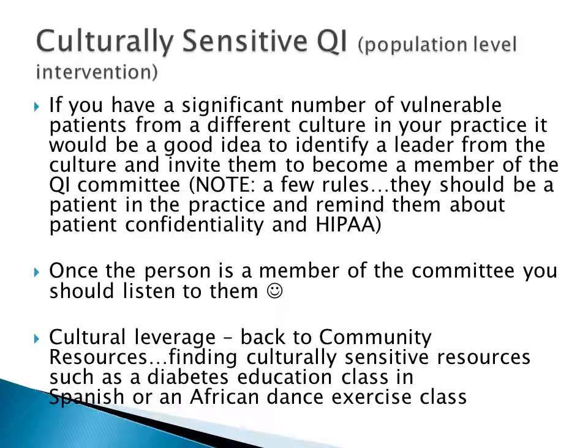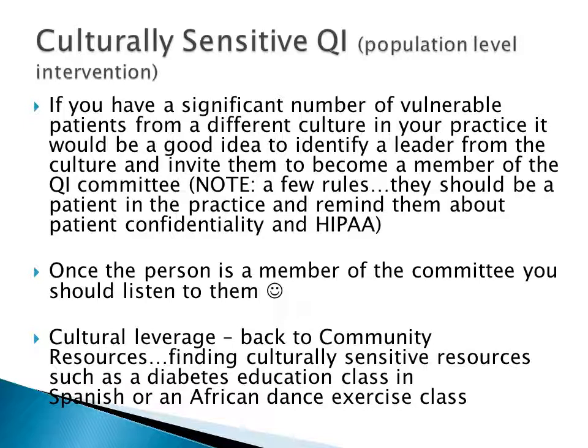The second aspect of evidence-based quality improvement, or of care for vulnerable populations, is culturally sensitive quality improvement. Now, you're already doing quality improvement, we know that, but this is a population-level intervention. If you have a significant number of vulnerable patients from a different culture in your practice, this would be a good idea to get involved in.